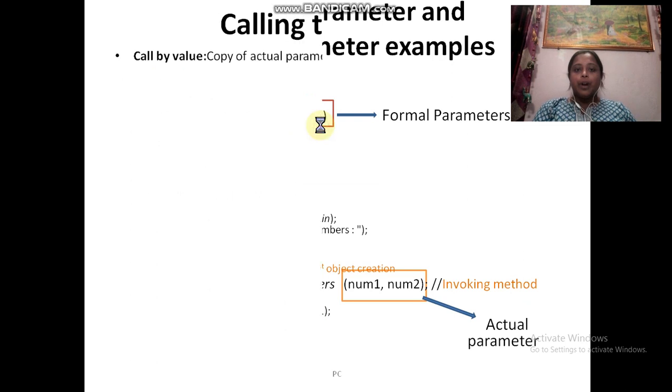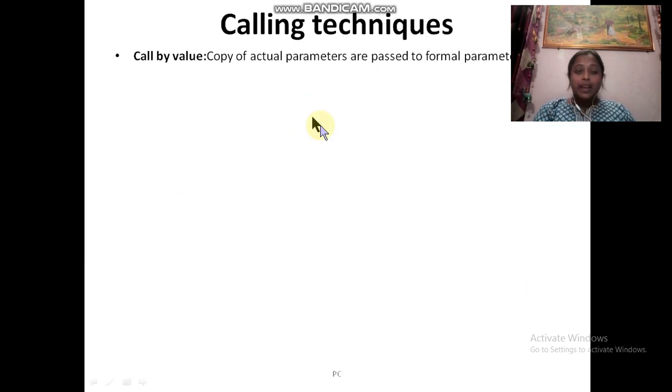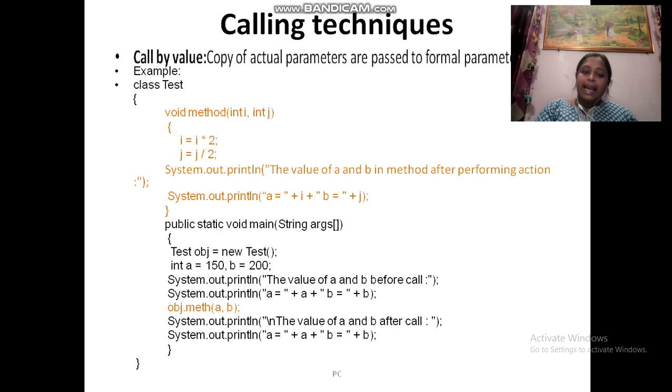Now formal parameters and actual parameters are done. We have two calling or invoking techniques in Java: call by value and call by reference. Call by value copies the actual parameters and passes the copy of the actual parameters to the formal parameters.